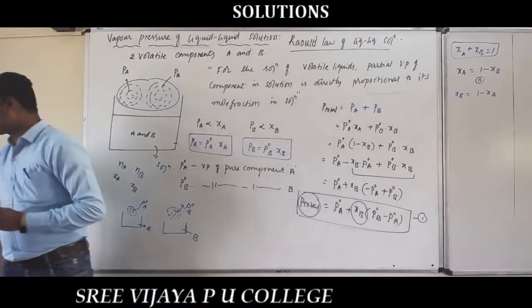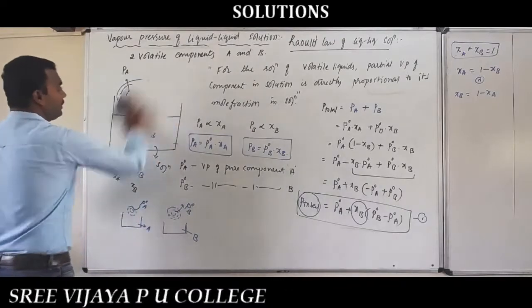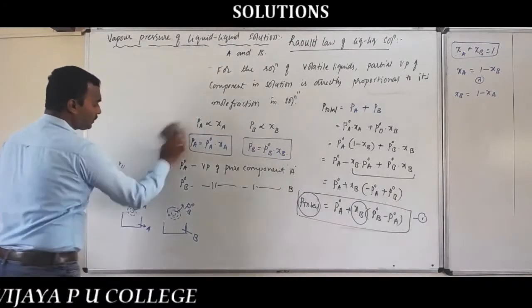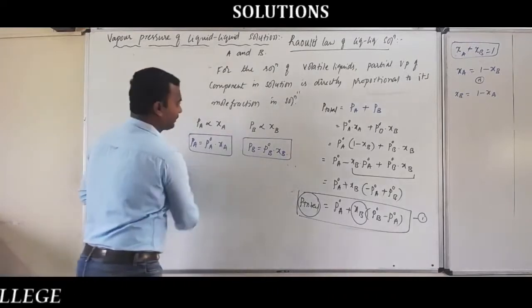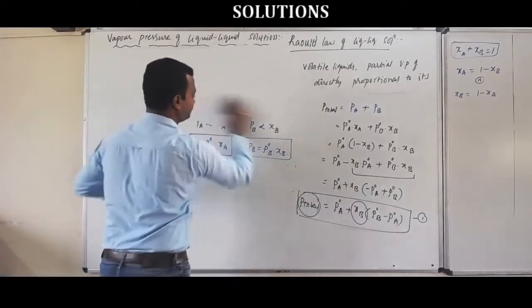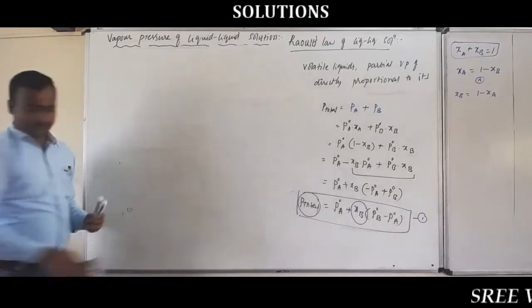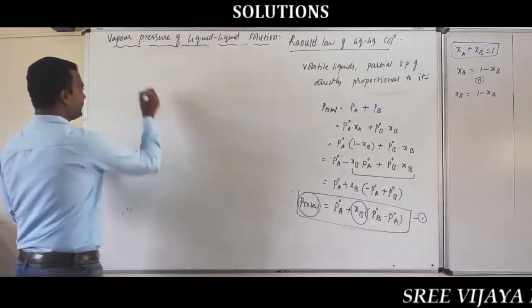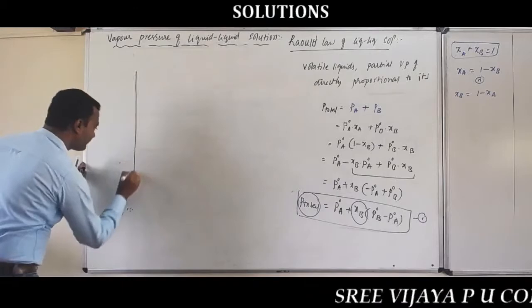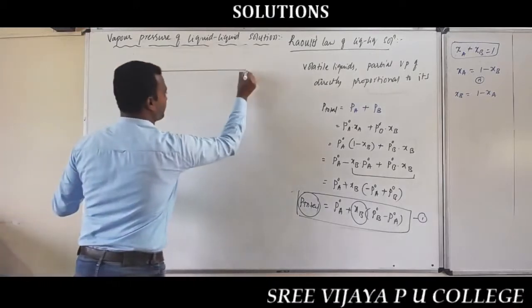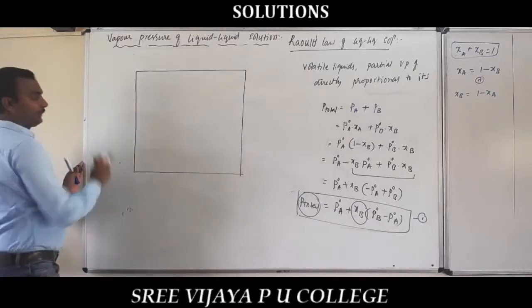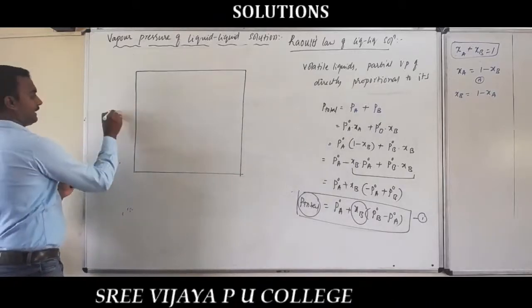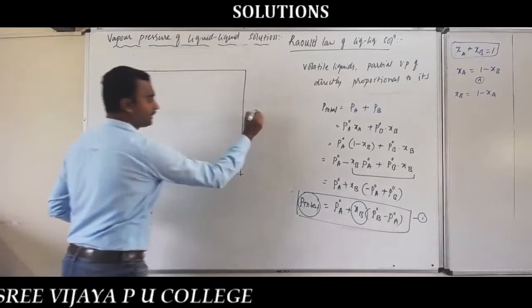So observe what the graphical representation is: how should we draw the graphical representation for Raoult's law of liquid solution? So consider a graphical representation for Raoult's law of liquid solution. On the y-axis, I am going to take the vapor pressure, the partial vapor pressure.